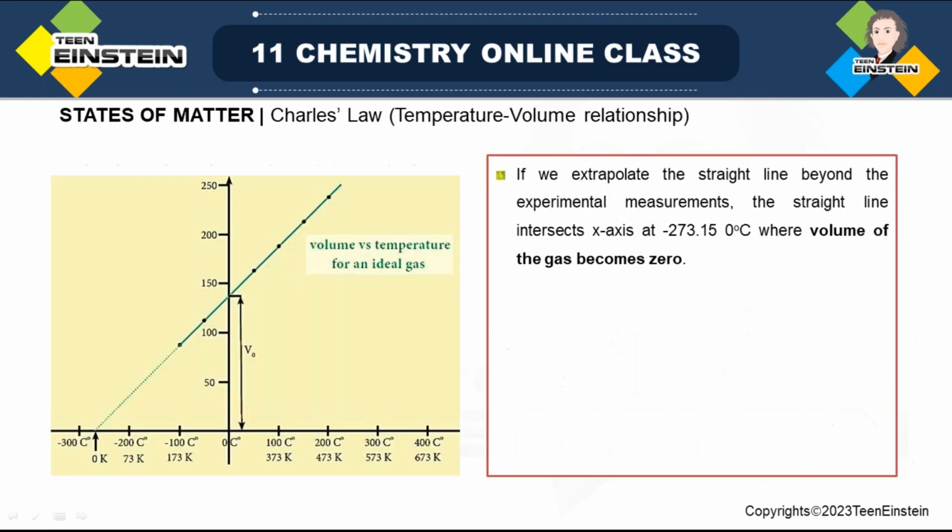So now we will see the graphical representation. Here we have taken V on y and temperature on x. Now, two temperature scales you are seeing. First, I suggest you just focus on the degree centigrade, with which we are more habituated.